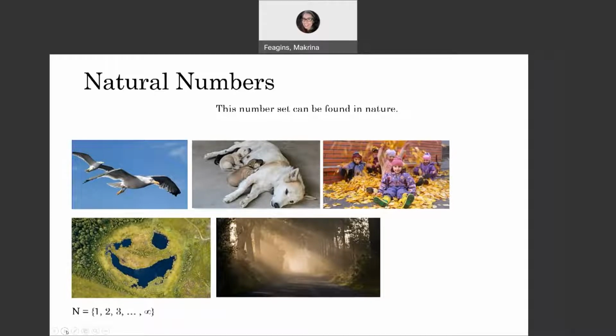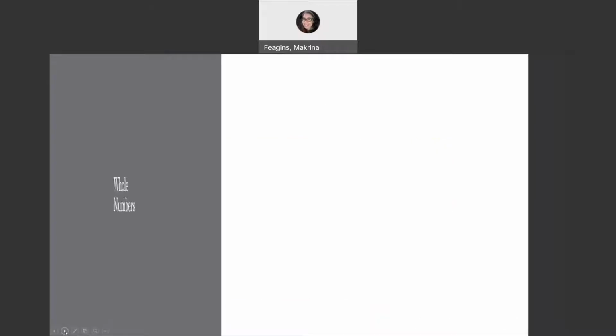That's your natural numbers. And the set for the natural numbers begins with one, and it can go on to infinity, which is that symbol that we see there at the very bottom on the left. And once again, Commons.Wikimedia is bringing on the images for us.